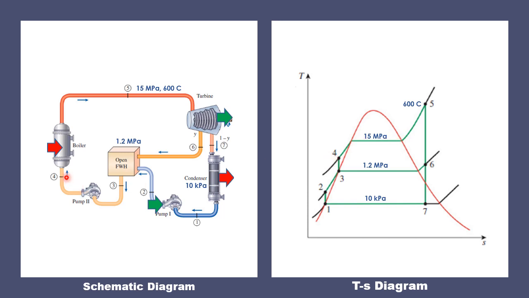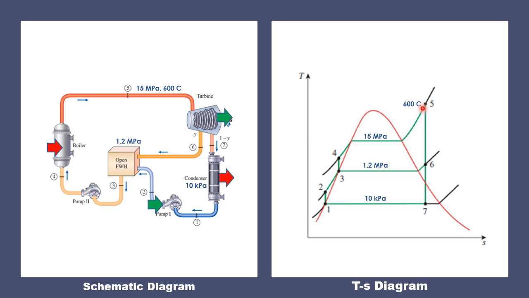Then from point 4, the feed water will undergo boiling because of the heat generated by the steam generator in the boiler, where it will reach a superheated state at point 5. As you can see here, from point 4, it will be heated to point 5, which is at 15 megapascal and 600 degrees Celsius.